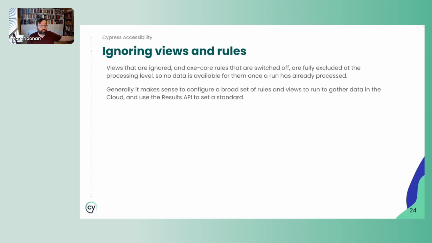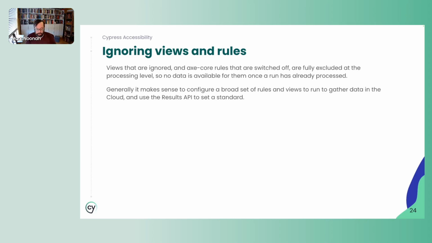As I mentioned, ignoring views and then Axe core rules that we would configure with you, these are turned off at the processing level. So if you ignore a certain URL, we won't process anything for accessibility scans for that URL. This is like, okay, you want to ignore the Microsoft login flow or something like that.